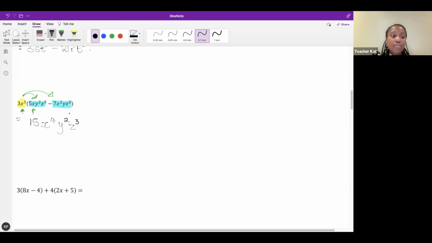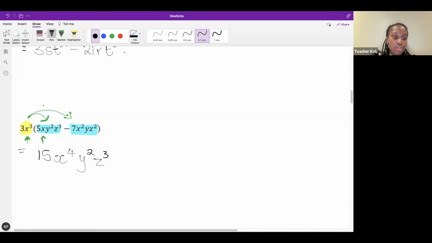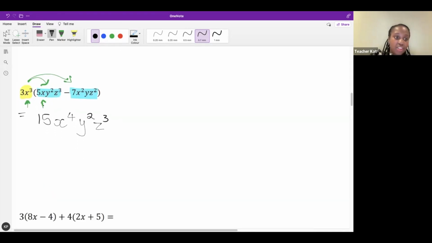If anyone is confused, if there is no exponent there, there is a 1. Let me zoom out. Maybe we can't see. If there is no exponent there, it's just a 1. Okay, and then once again, we have a negative because I'm multiplying a positive and a negative. What is 7 times 3? Nice, Logan, 21.